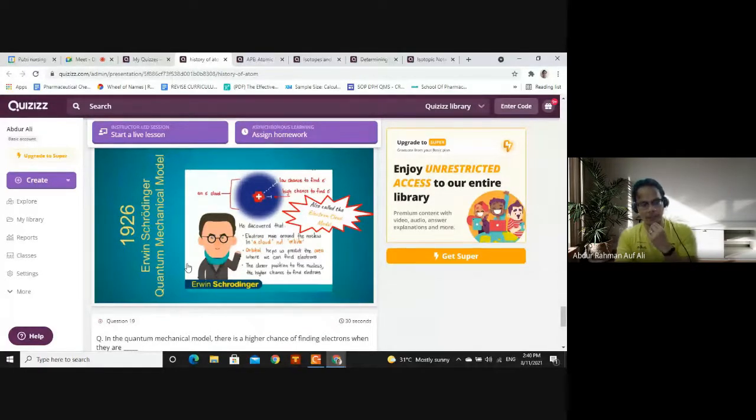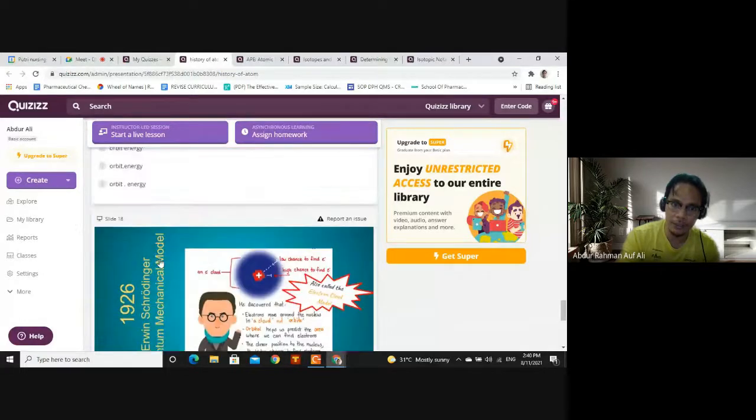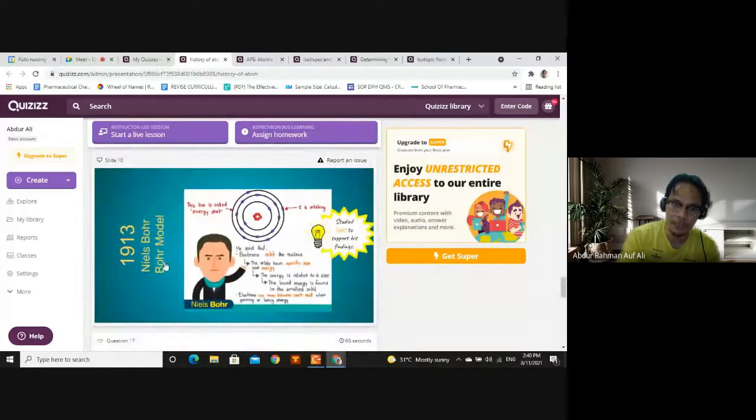Explaining it with words alone is hard, so later on I will use a diagram to explain this. So basically, he wrote here that he discovered that electrons move around the nucleus in a cloud, not in orbits. So this quantum mechanical model disproves Niels Bohr's model.